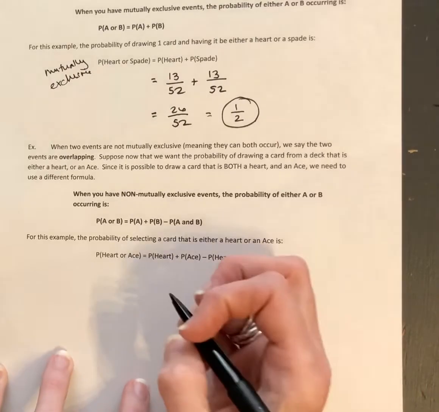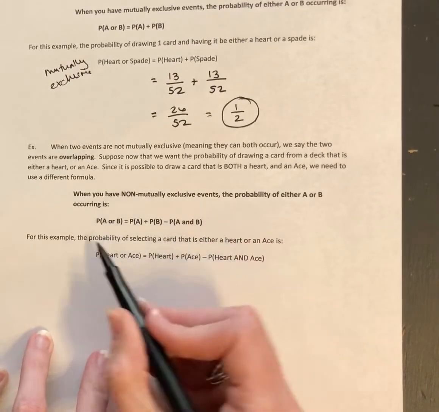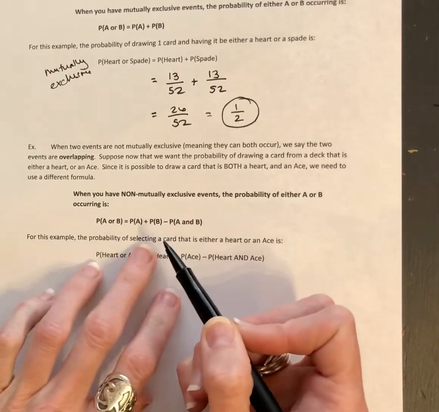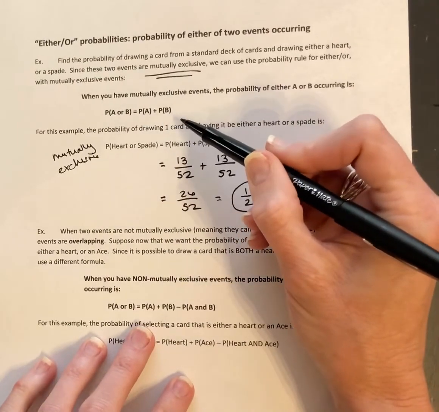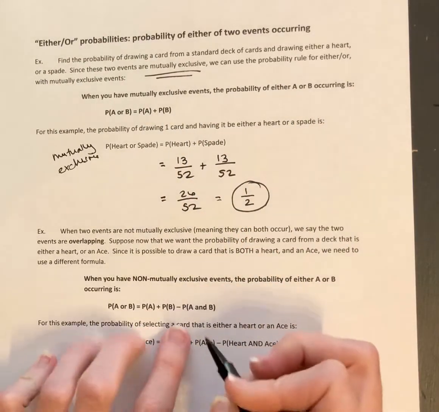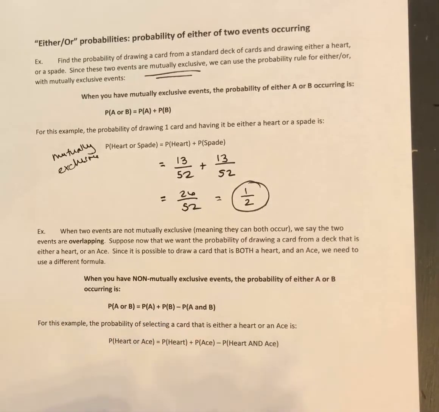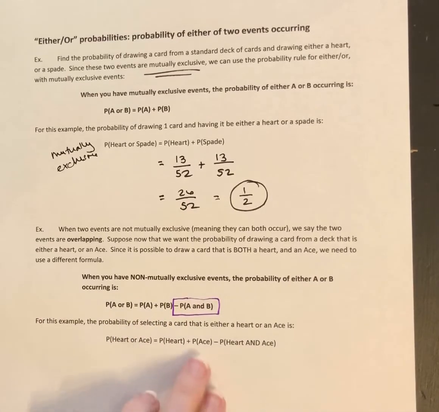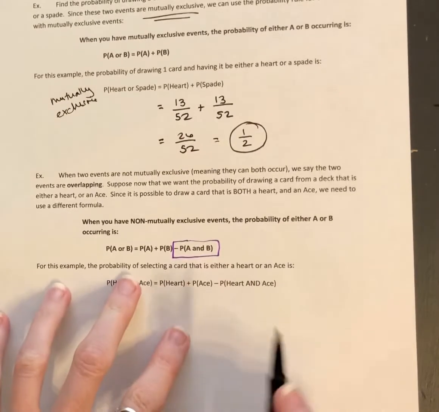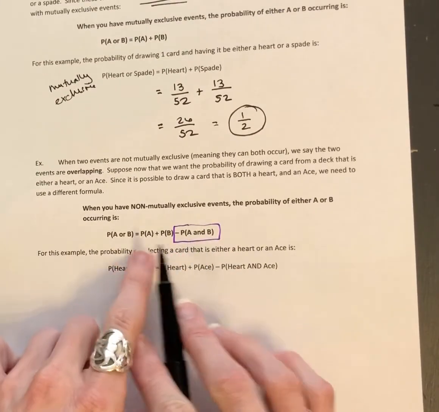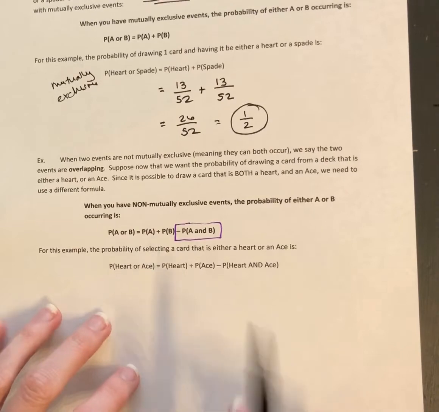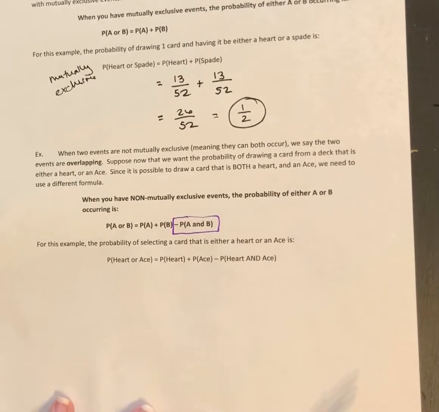If we want the probability of A or B, we're still going to take the probability of A plus the probability of B, just like we did with our mutually exclusive events. But we have this extra piece, which subtracts the probability of A and B. We're going to subtract out any overlap that got double counted when we added the probability of A with the probability of B.